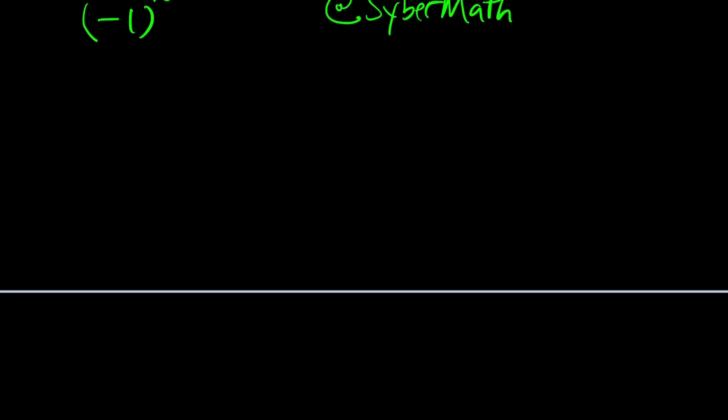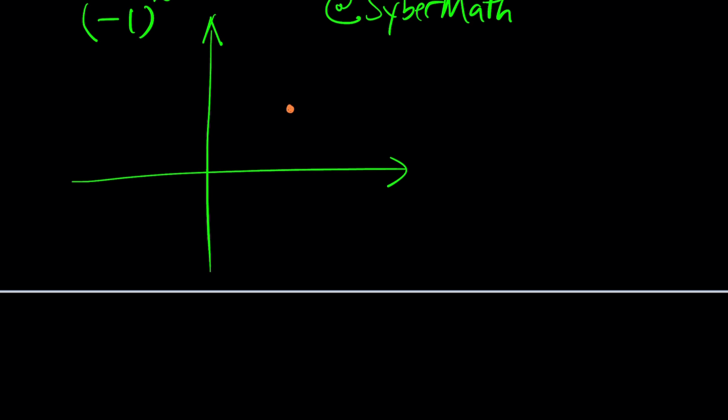So thanks to Euler, we have a form for complex numbers that can be written using trigonometry. If you have a complex number in the coordinate plane right here, and suppose z can be written as a plus bi, that's how we write complex numbers in standard form. And of course, there are other forms that we're going to turn this into. If you connect this complex number to the origin, then you get a line segment.